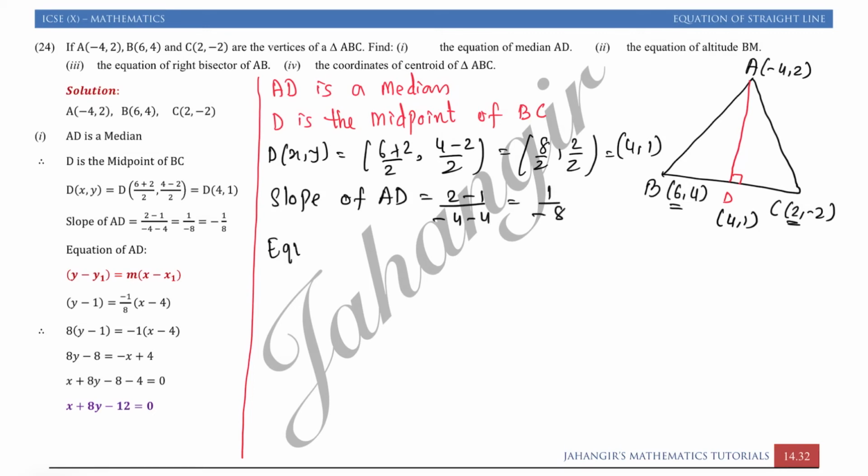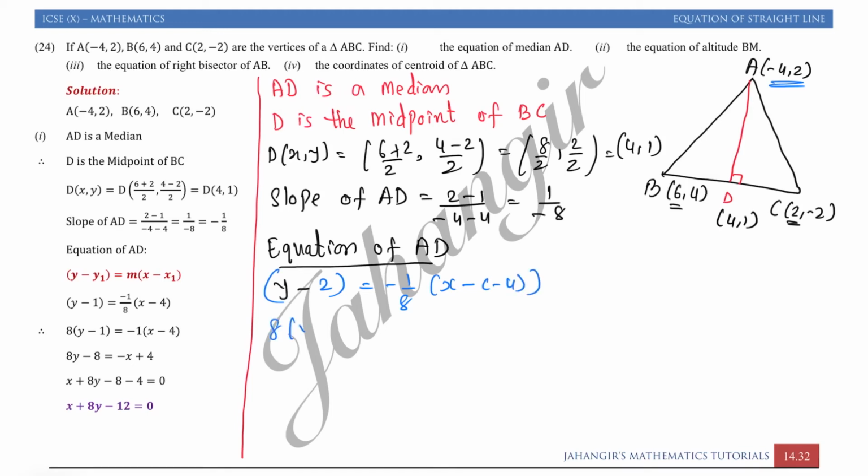Equation of AD, that is y minus y1. You can take any one coordinate from A and D. I am just going to take this coordinate. y minus 2 is equal to minus 1 by 8 into x minus of minus 4.